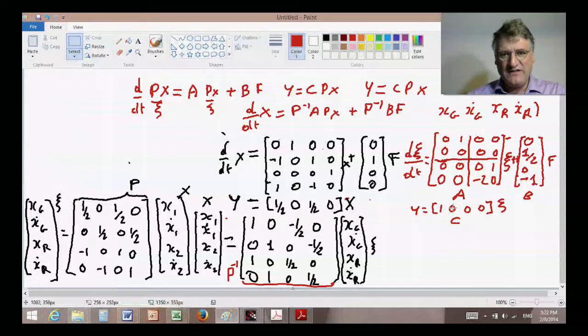That is, this gets transformed to that, this gets transformed to that, and this gets transformed to that.